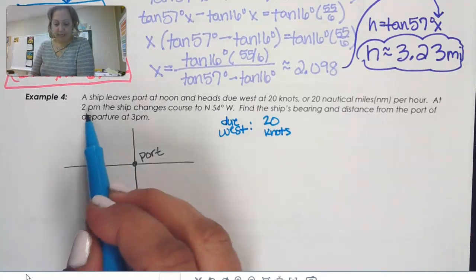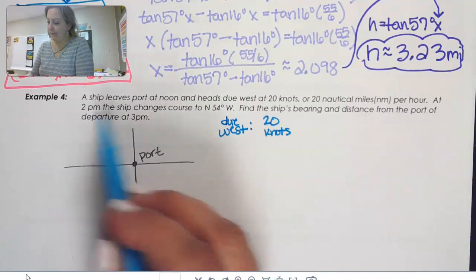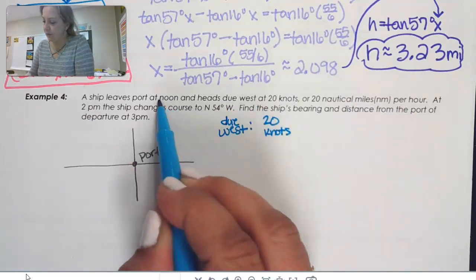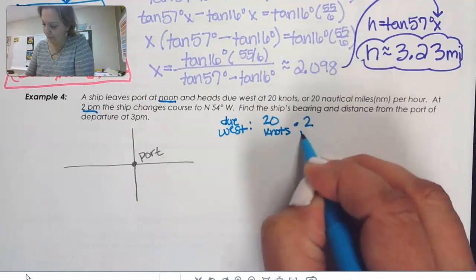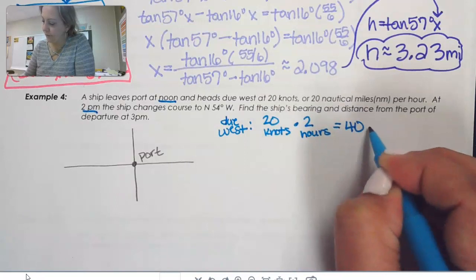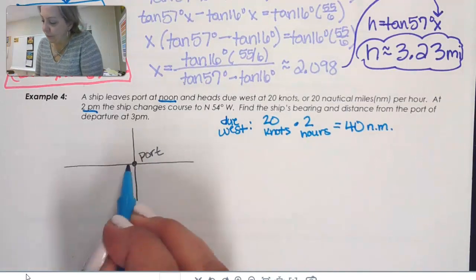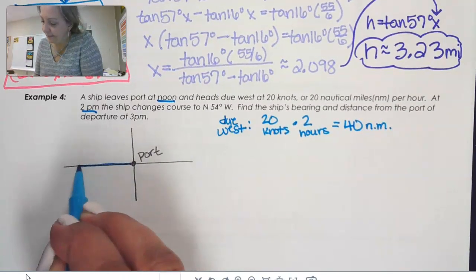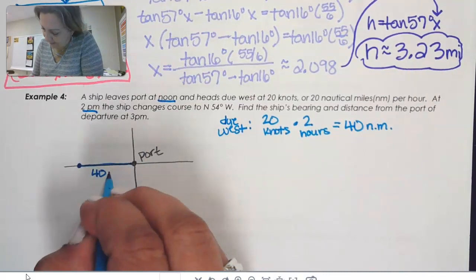And then at 2 p.m., the ship changes course. So that means that from noon to 2 p.m., that is 2 hours. So that's going to be 40 nautical miles due west, and this is going to be 40 nautical miles.